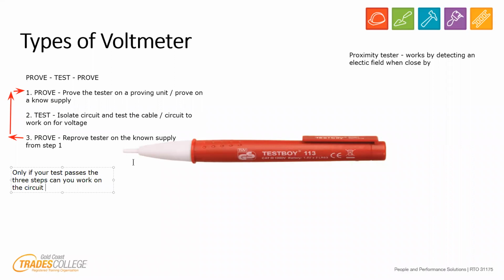If someone, they shouldn't, but if someone asks you to work on something, make sure that we know it's the voltage that we need to test if they give you a multimeter. Prove, test, prove, all right? That's the correct process of that.